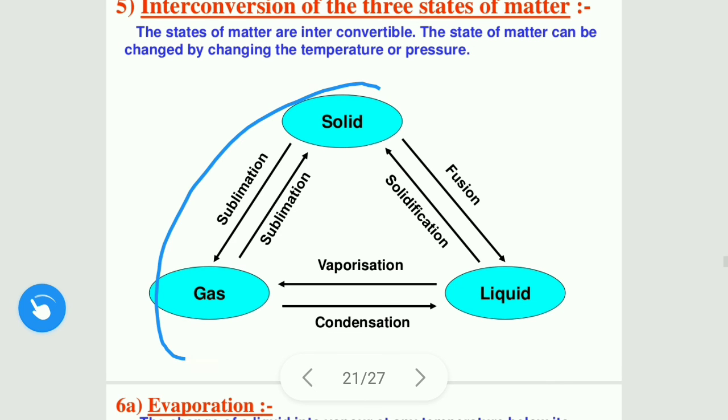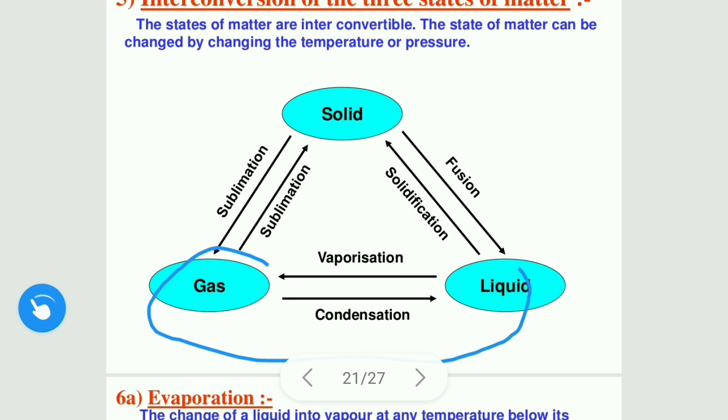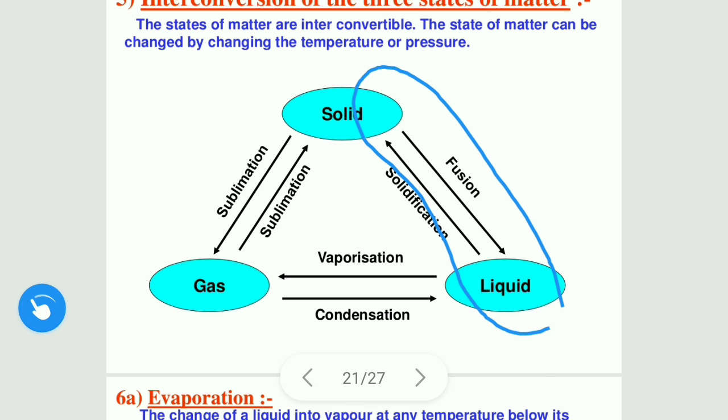Solid conversion directly to gas is also known as sublimation. Gas conversion to liquid is known as condensation. And liquid conversion to solid is known as solidification.